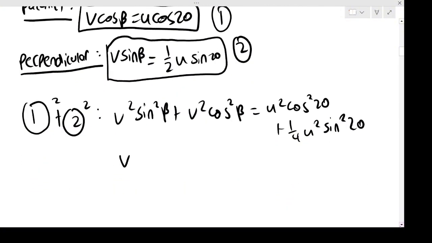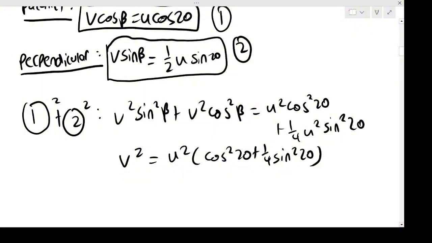Then I could factorize the v squared, and then we're going to get sine squared and cos squared. So v squared is going to be, then I could factor a u squared out, and it'd be cos squared 20, add a quarter sine squared 20. Now, I can't use sine squared and cos squared equal to 1 because I've got different coefficients for cos and sine. I've got 1 cos 20, then a quarter sine 20 here. So I actually can't simplify this any further.